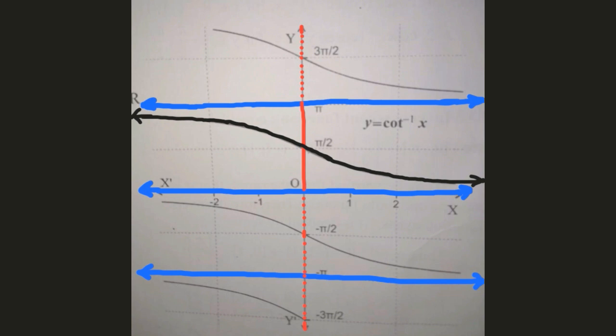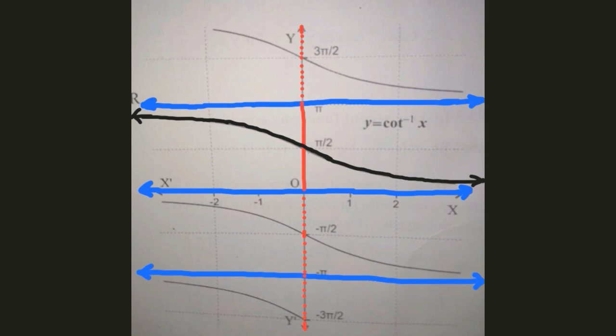But the range or codomain is restricted here, and it is the open interval 0 to pi, or open interval pi to 2 pi, or open interval 2 pi to 3 pi, etc. Also below the x-axis, open interval minus pi to 0, or open interval minus 2 pi to minus pi, etc. Therefore the domain for cot inverse x is the set of real numbers, while the range is open interval 0 to pi, or pi to 2 pi, 2 pi to 3 pi, or minus pi to 0, or minus 2 pi to minus pi, or minus 3 pi to minus 2 pi, etc. In all these intervals we can define the inverse cotangent function.